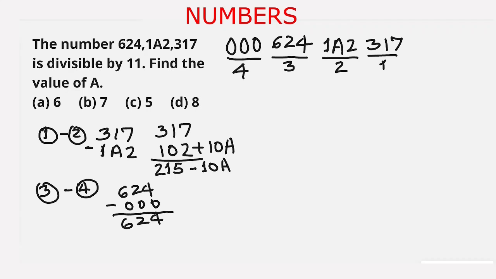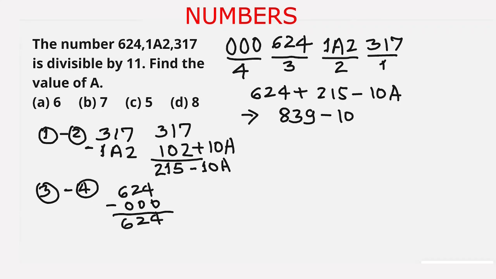Now we add these two differences, and that is 624 plus 215 minus 10A. This is equal to 839 minus 10A.